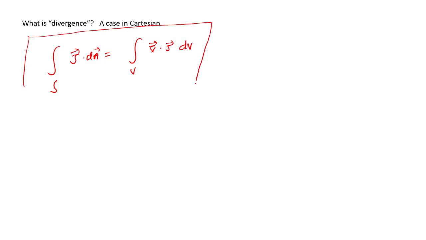So then I can write over the entire surface J dot dA is equal to the volume integral of divergence of J dV. And this is nothing but Gauss's theorem.